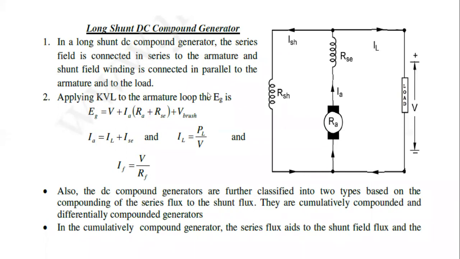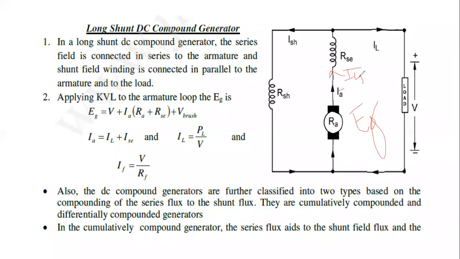Understand? Next, this is the armature current IA, and the generator EMF is induced in the armature itself, denoted as EG. Due to that EG, the armature current flows through this series field winding, and it is named ISC. Therefore, IA is equal to ISC.